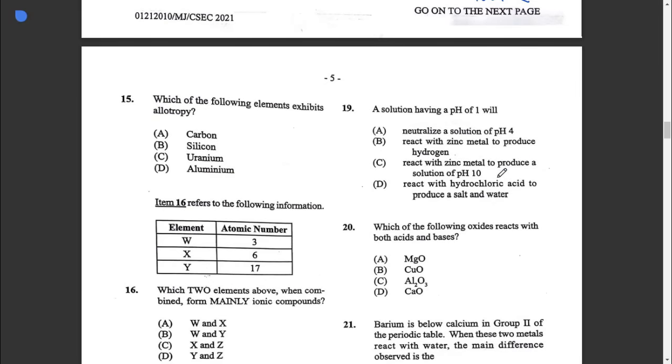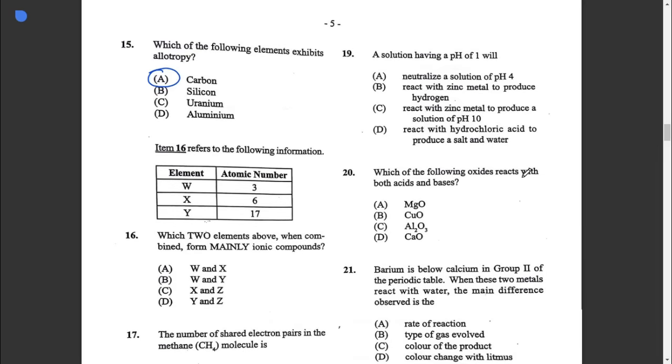Question 15. Which of the following elements exhibit allotropy? Without much fuss, we know that is carbon. Item 16 refers to the following information, W, X, Y. Which two elements above, when combined, form mainly ionic compound?